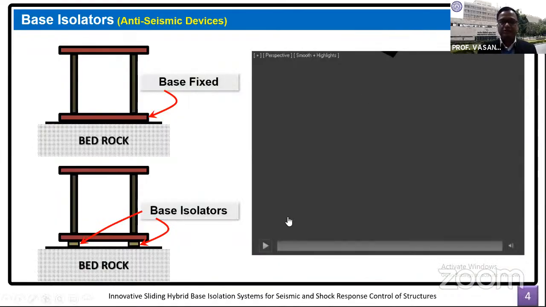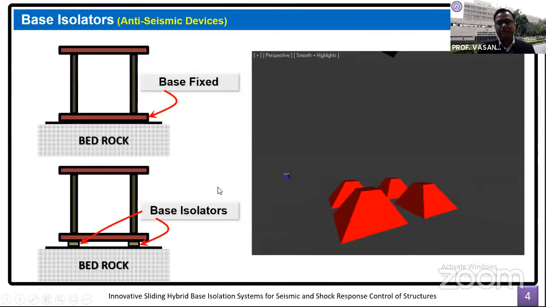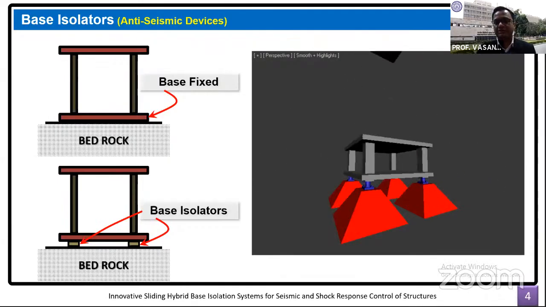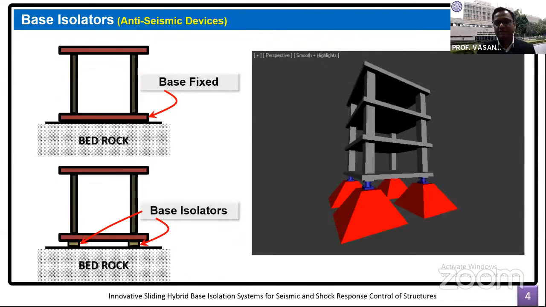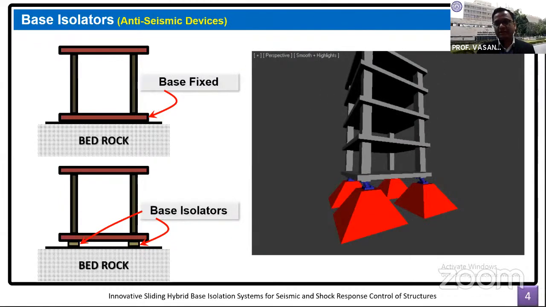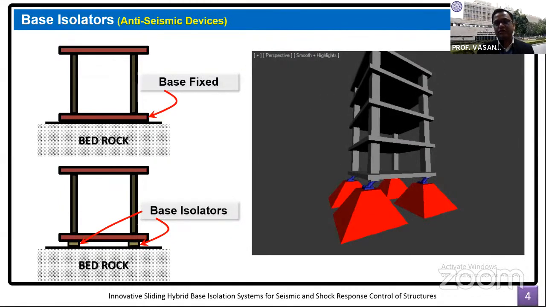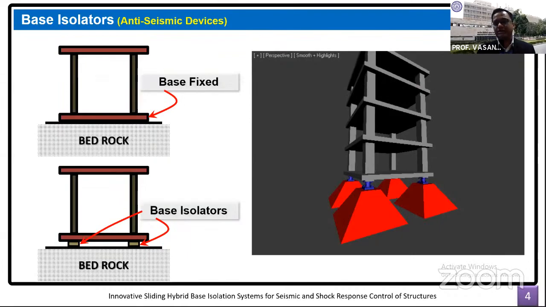So theoretically, as all of us are familiar with base isolation technology and the sequence of the construction, we have a foundation, on top of that we have isolation systems, and then a base raft, and on top of that we build a structure. So that during the excitation, most of the deformations are concentrated only at the isolation level, and the superstructure remains more or less intact, or it behaves rigidly mostly.